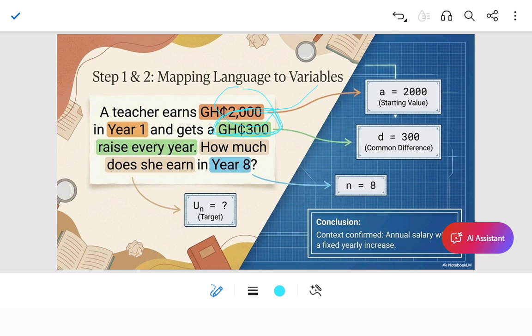And we are asking, when n is 8, what will be the amount she gets in the 8th year? Here we are looking for the amount of money she will get at the end of the 8th year. Good. This is an annual salary with fixed yearly increment, so this is an example of AP.